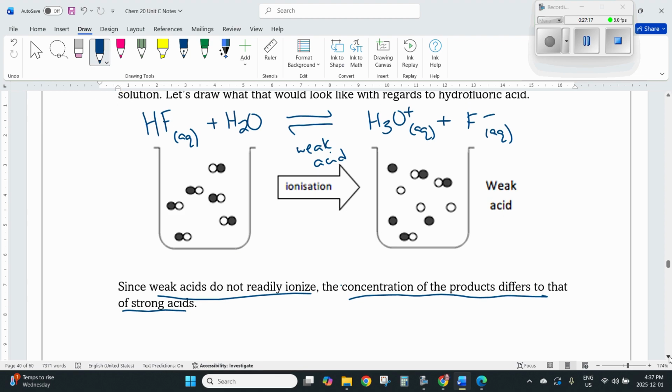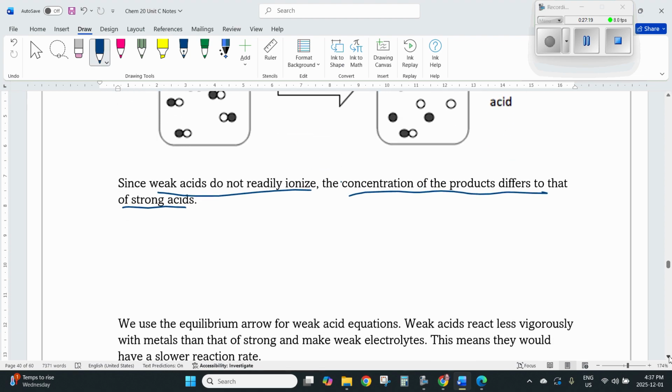So if we were to draw reactants versus products, this would be my reactants. If I have my hydrofluoric acid, as reactants, this is very similar to your first one.